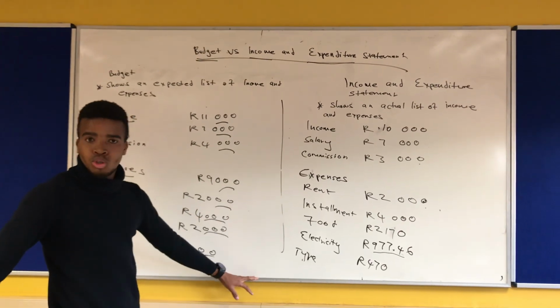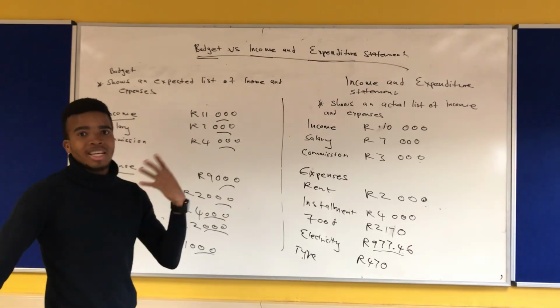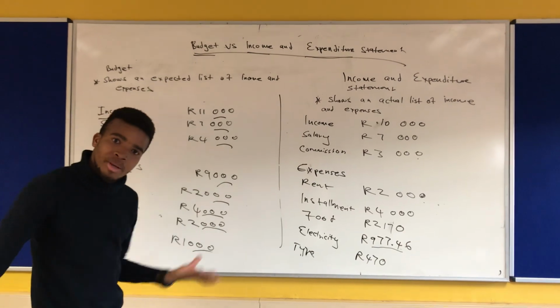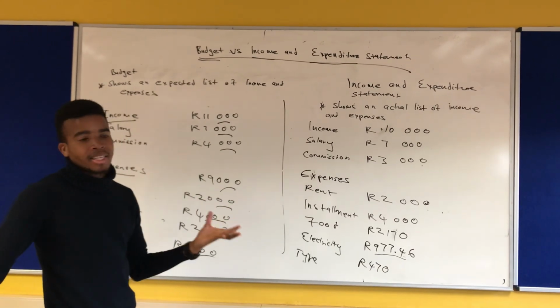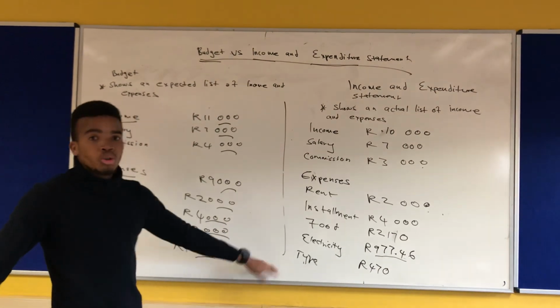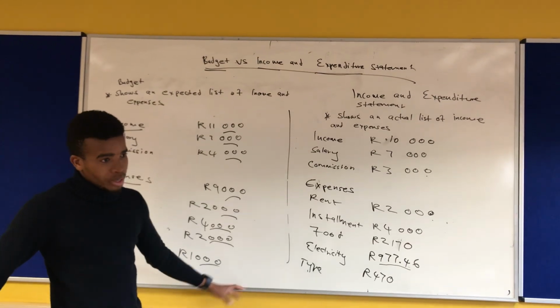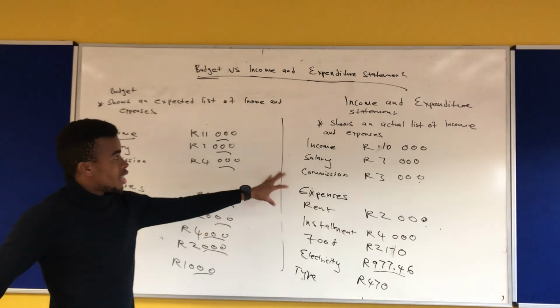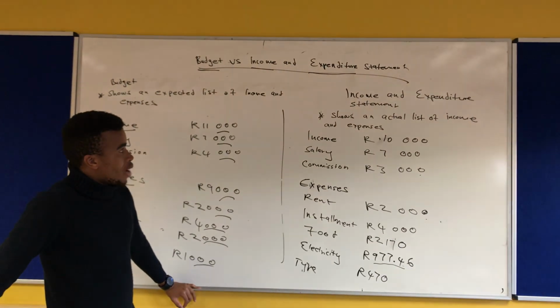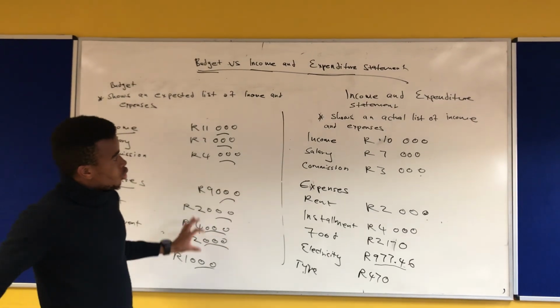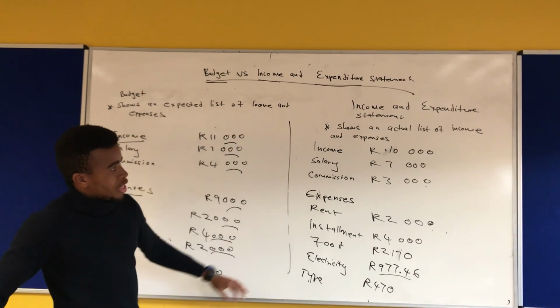It is something that you did not expect, such as a broken car, broken machinery, a burst geyser. Those are things you do not budget for. They just appear. So that's how you work out understanding of the budget and the income and expenditure statement.